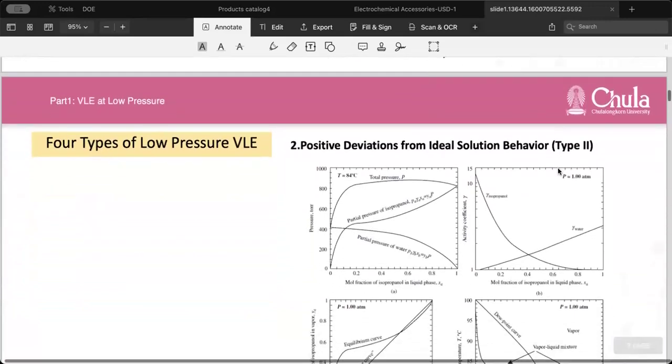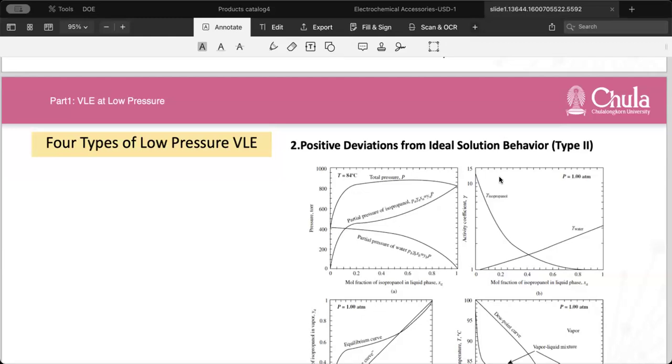Type 2 is positive deviation, where we have a repulsive interaction between molecules. So molecules try to be away, and it yields gamma for both phases higher than 1. So when you take log of gamma, it is positive.